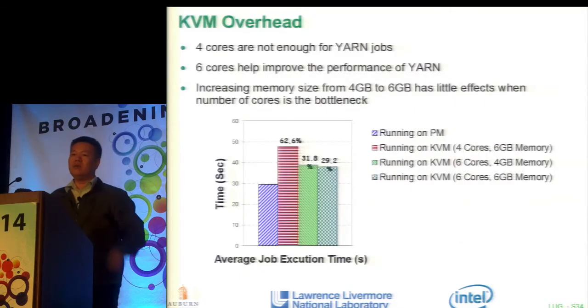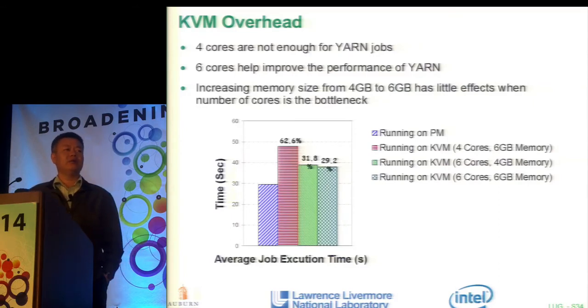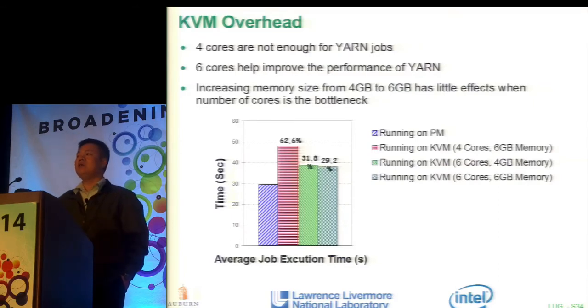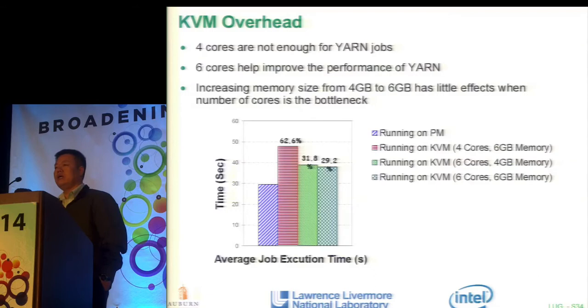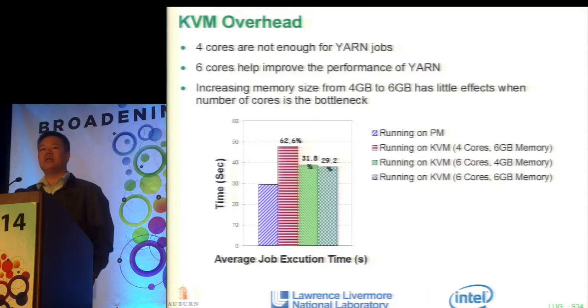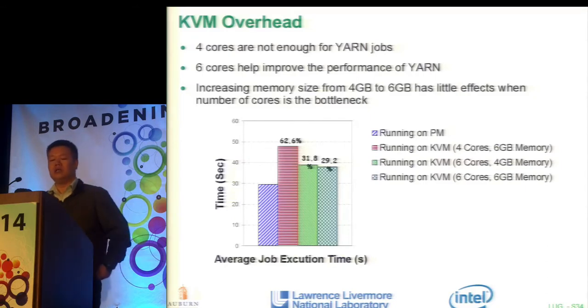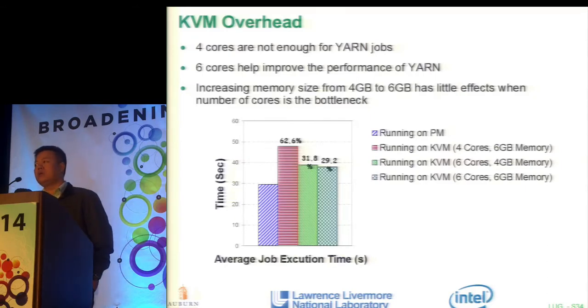Okay, now that we have identified that the KVM overhead is that huge, what can we do? We did 2 small tricks to look at how to reduce the KVM overhead. Number 1, we increased the number of cores from 4 to 6, because in the previous test we used 4 cores for every YARN job. Then we also increased memory.